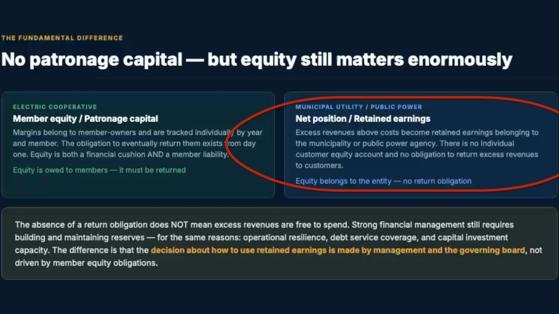In a co-op, you also do the same thing, but there still is a slice of net margin that does belong to the co-op members. So that doesn't mean that these excess revenues that you generate in a utility are free to spend. You still have to have a policy to develop and hold back some of those funds to build strong reserves.